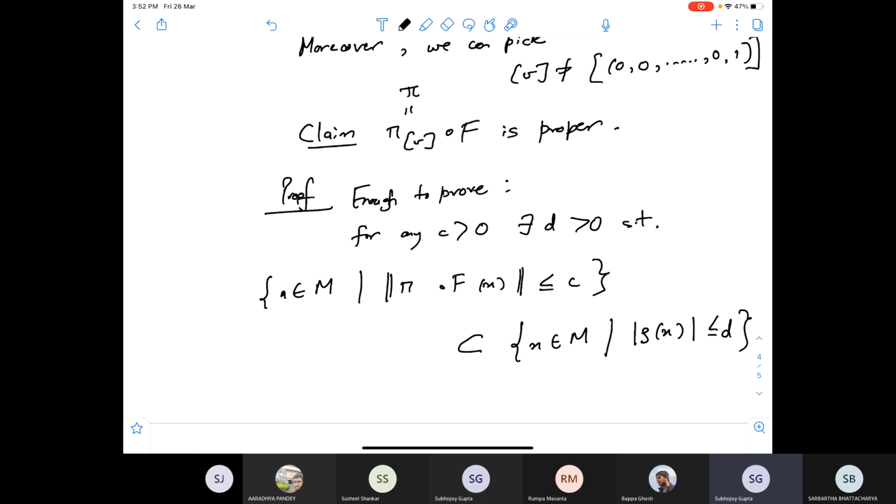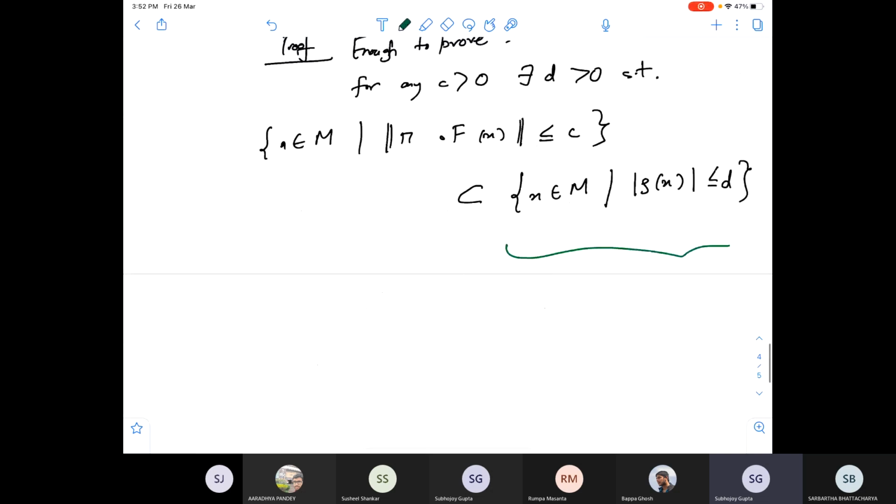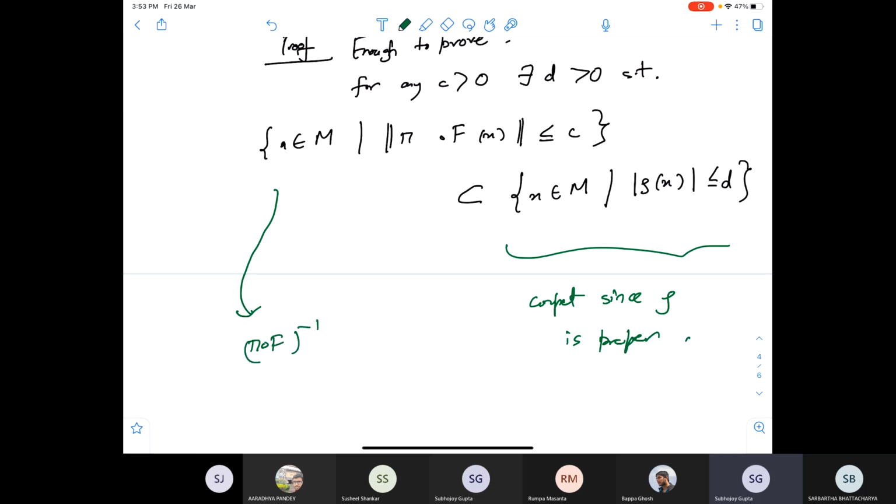This set is compact since rho, this exhaustion function, is proper. And this is the pre-image under pi composed with f of a closed ball of radius c inside R to the 2k plus 1.